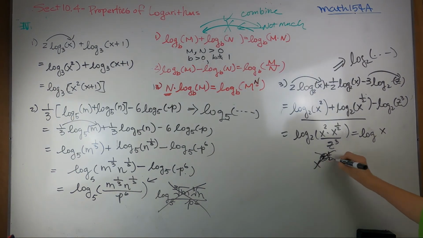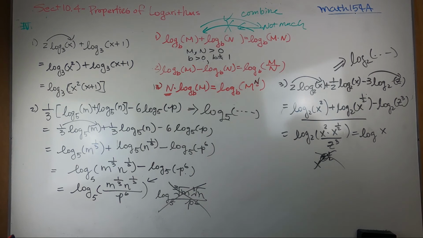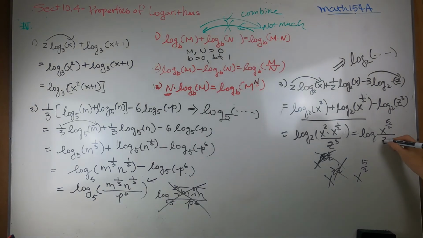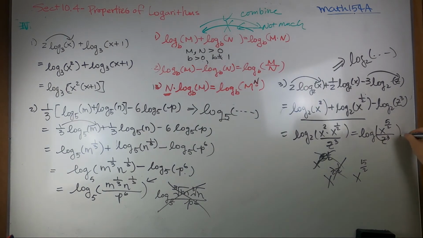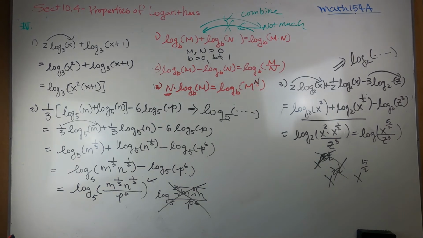But you don't write it as a mixed number or decimal, because a power of 2.5 doesn't mean anything here. You need to change it to what? An improper fraction. 2.5 means what? 5 halves. Because the top is the power, the bottom is the root. So it's over z cubed. You need to write the answer that way.